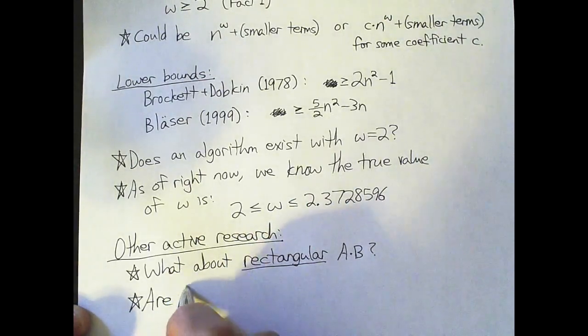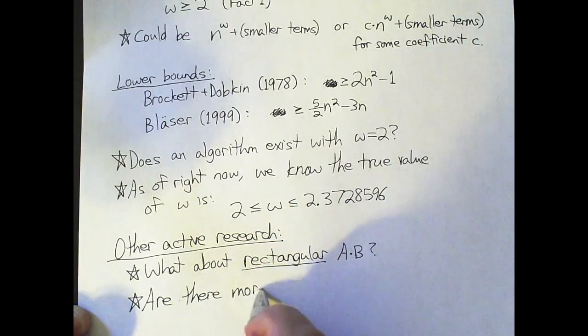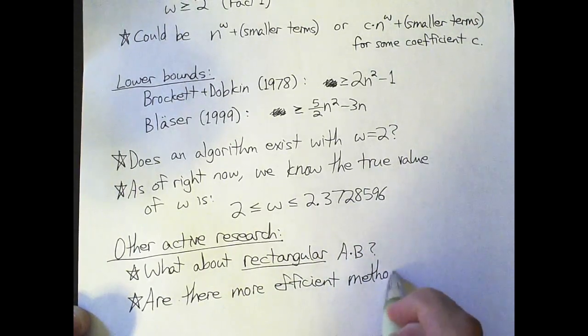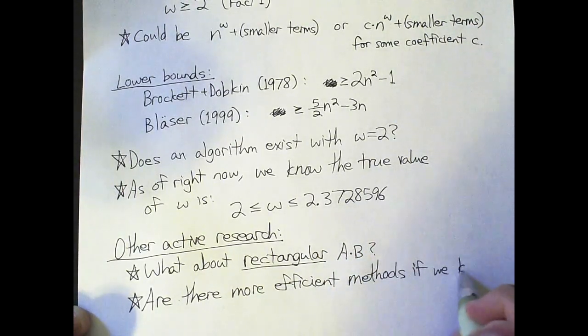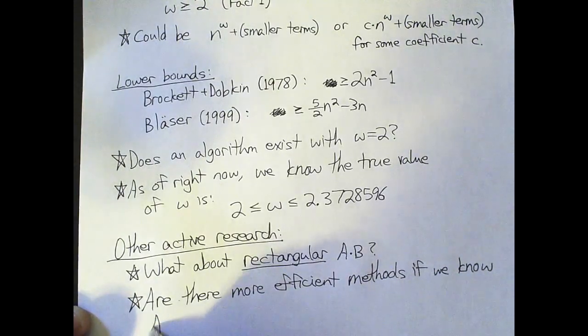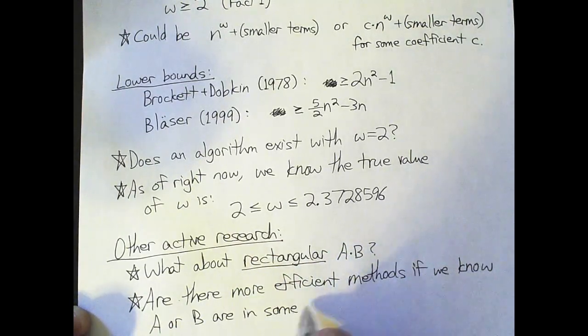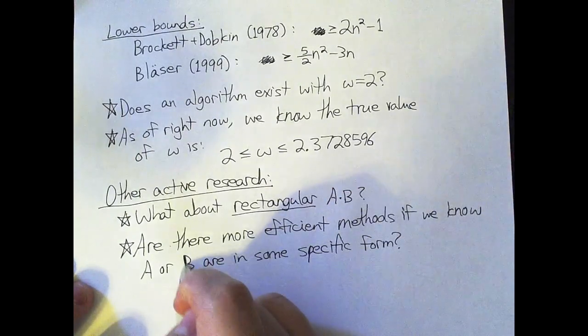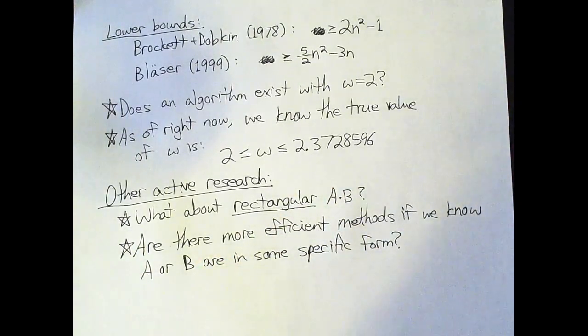Here's another question. Are there more efficient methods if we know A or B are in some specific form? For example, let's say we are interested in solving problems where we know that A or B has a specific entry that's guaranteed to be 0.